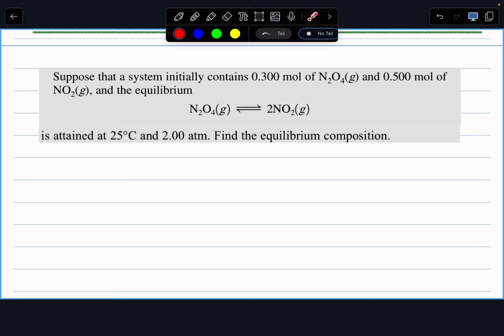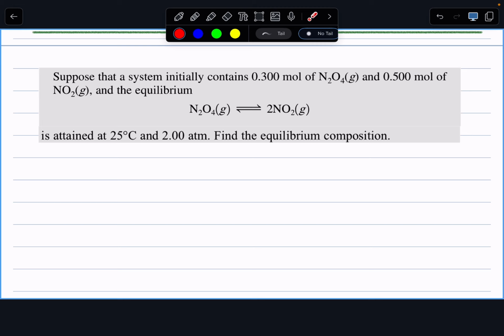The same applies to my NO2. It's the number of moles of my NO2 divided by the total number of moles, times the total pressure here. All right. This is number 4.